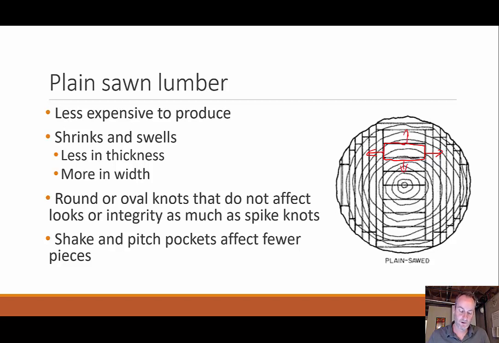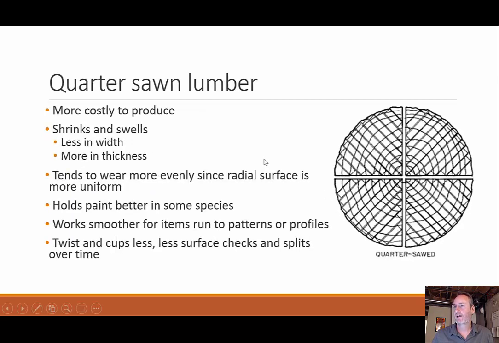Well, if I look at this being my board, most of the shrinking and swelling is coming within that width direction, right? Getting wider and smaller, and less in the thickness. And that's all just based on the way the cuts are, right? An advantage to this is that knots don't affect the looks or the integrity as much, at least not as much as spike knots, and shake and pitch pockets affect fewer of those pieces.